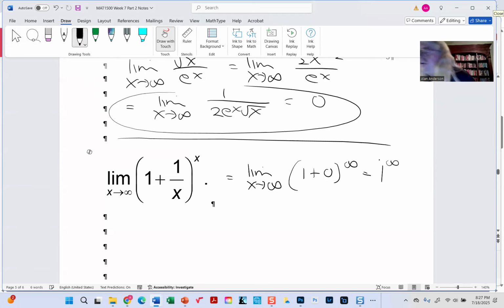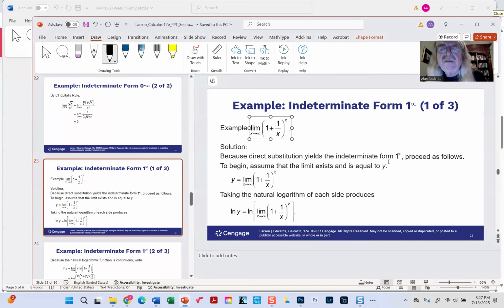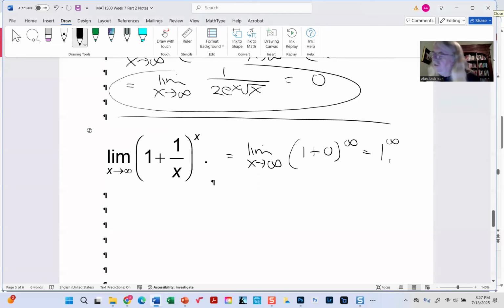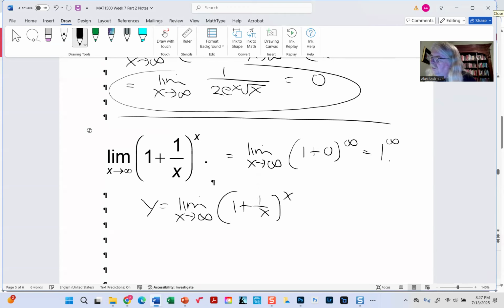Well, now this is a very clever approach. We're going to use natural logs. So you're going to say, well, if y equals the limit as x goes to infinity, we can take the natural log of both sides.